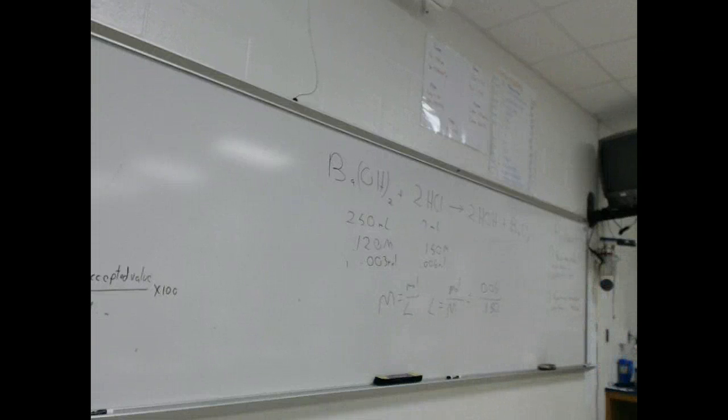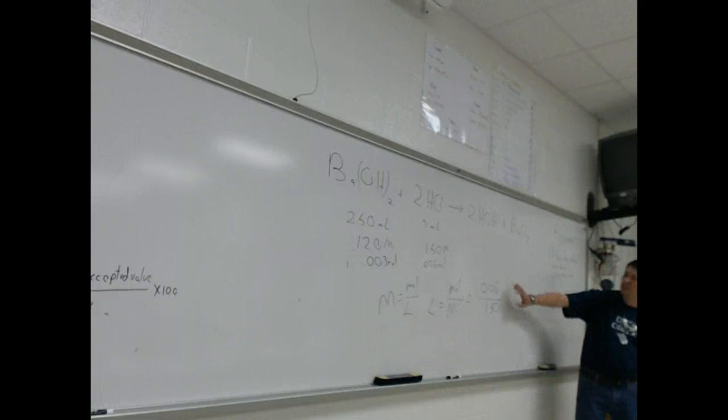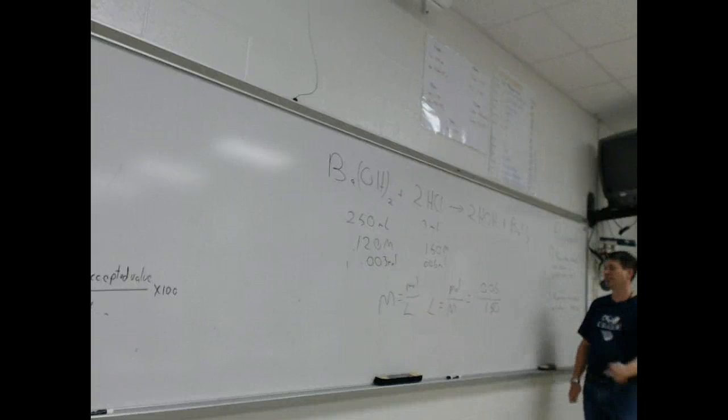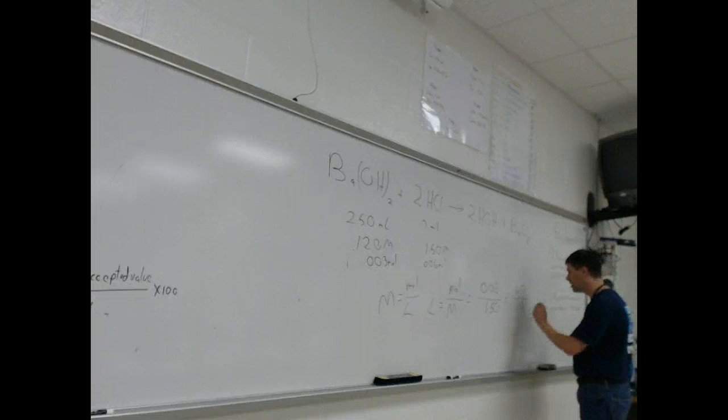Now we got another math dilemma, since we're not sitting there with the calculator. We have to take 0.006 divided by 0.15. I can't do that. But I like 60 divided by 15, so let's get there.